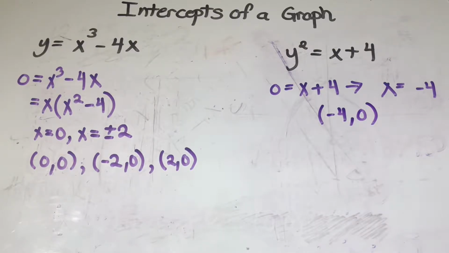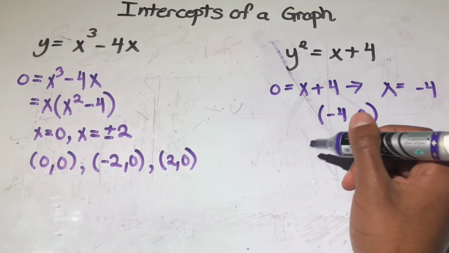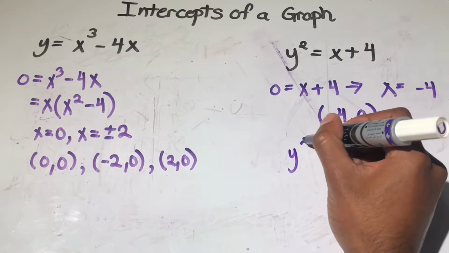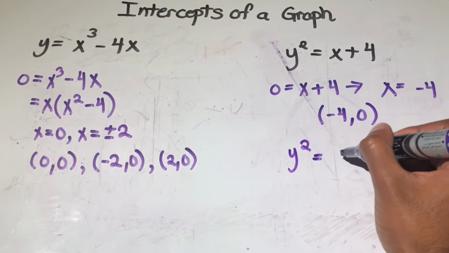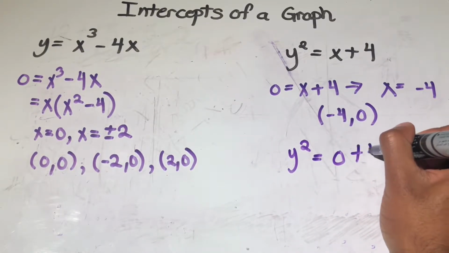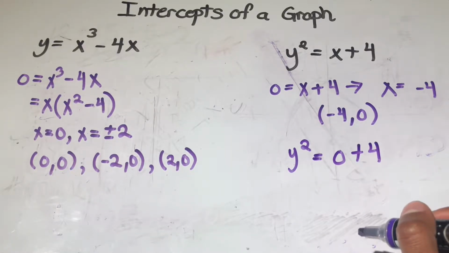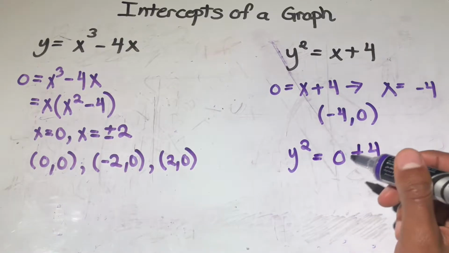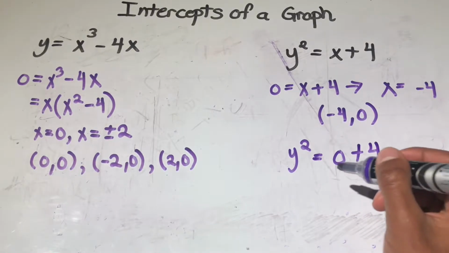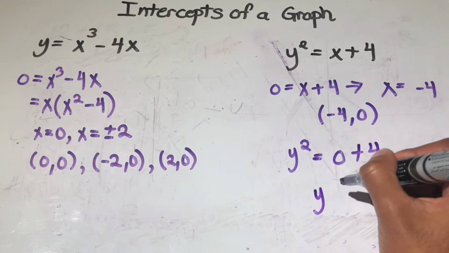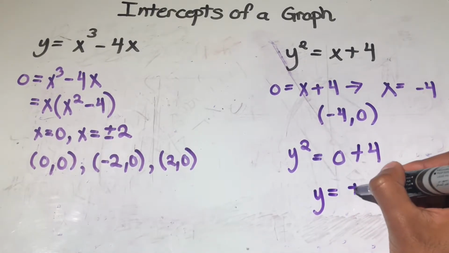Now solving for the y-intercept, we have to let x be equal to 0 and solve for y. So y squared is equal to 0 plus 4. This equation also has two solutions. Y is equal to positive and negative 2.